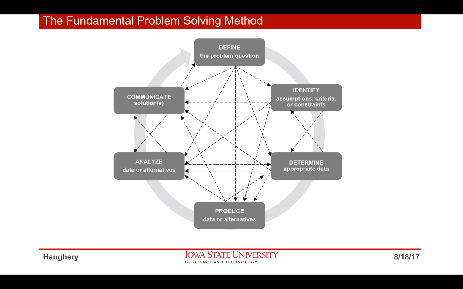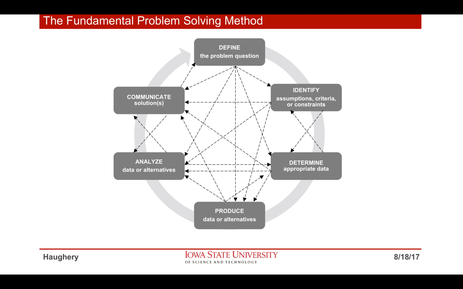The other thing is that we see this clockwise arrow showing that it's a cycle, a circle, and that's intentional. What we're going to find in reality is that a lot of problems aren't completely solved when we get to the end. We come to a solution that is good, but maybe not the best, and there's always room for improvement.